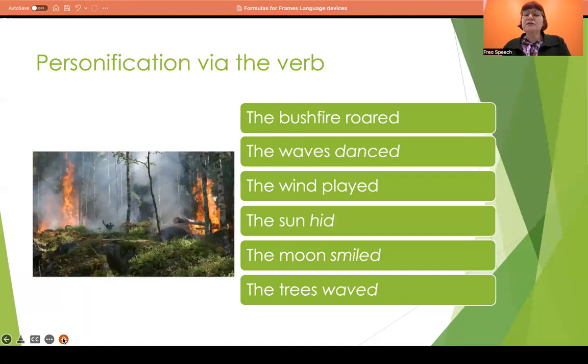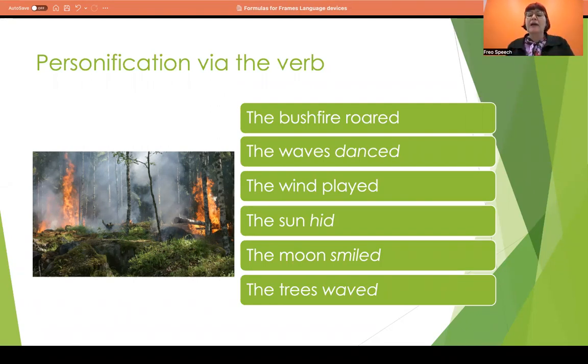We can use personification in stories. That's a tremendous device that allows us to turn inanimate objects into animate objects. So one of the best ways to teach it is to teach it with some sort of disaster, like a bushfire, or a storm, or a volcano, because they've kind of got animate qualities.